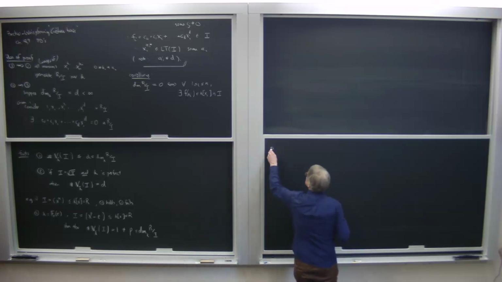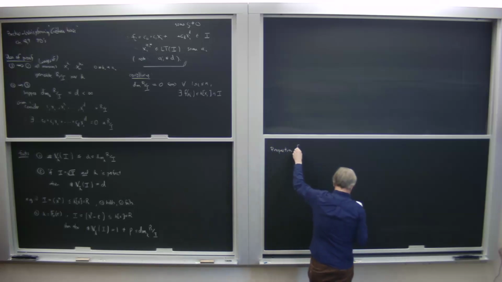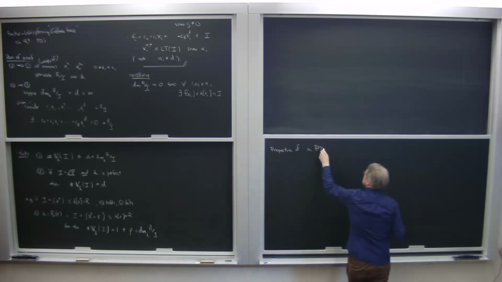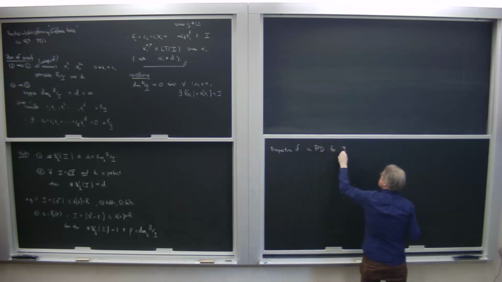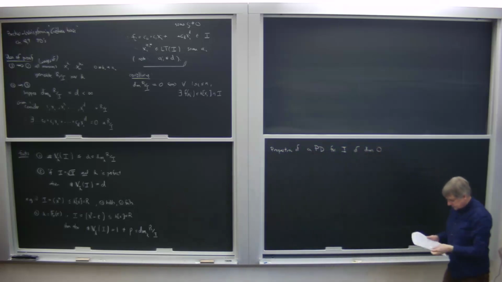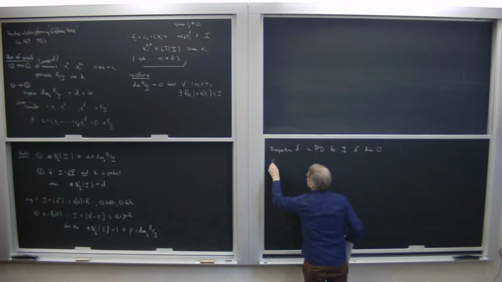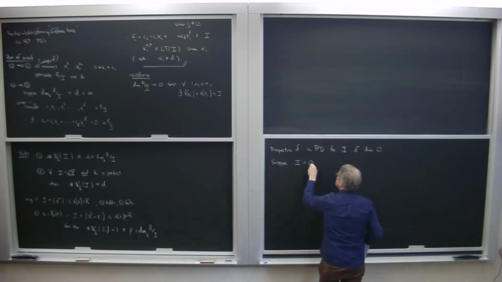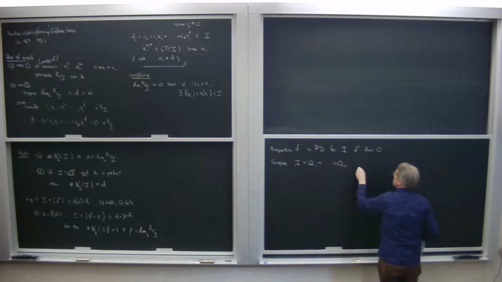So here are the properties of a primary decomposition for I of dimension 0. Suppose I is equal to Q1 intersect ... intersect Qr, and Qi is Pi-primary.